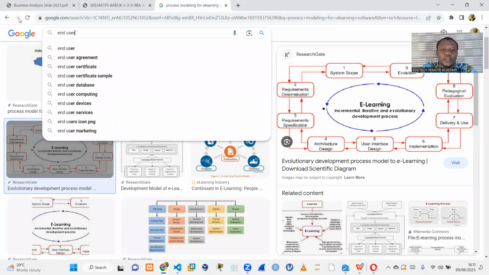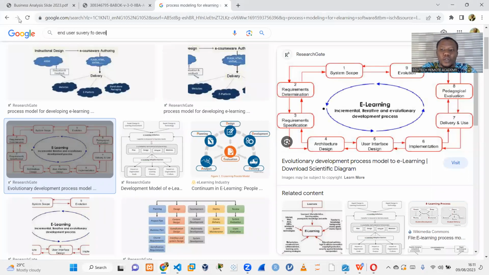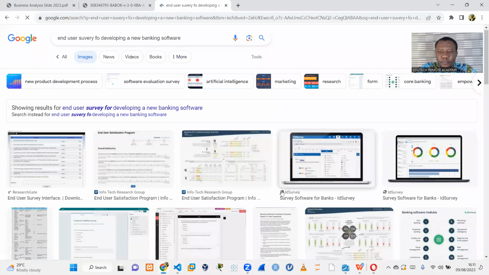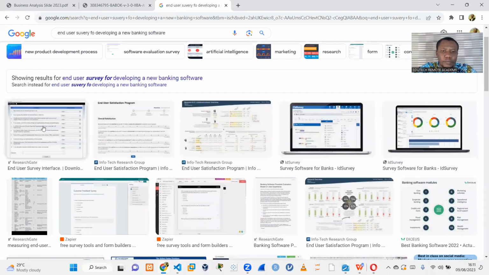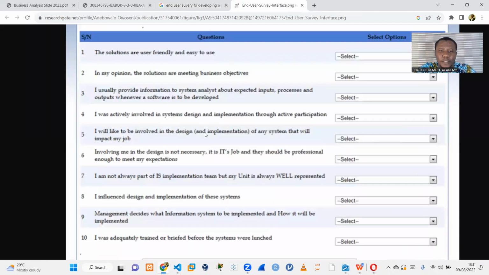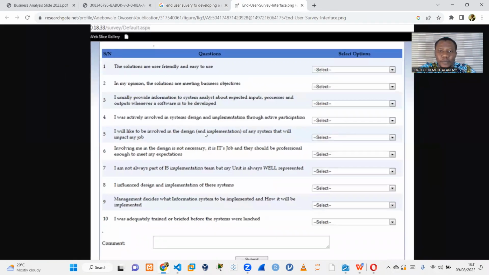End user survey for developing a new banking software. So you see something like this? The solutions are user-friendly and easy to use. Select. In my opinion, the solutions are meeting business objectives.